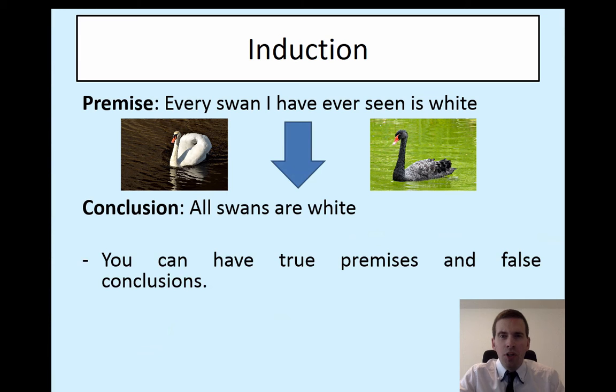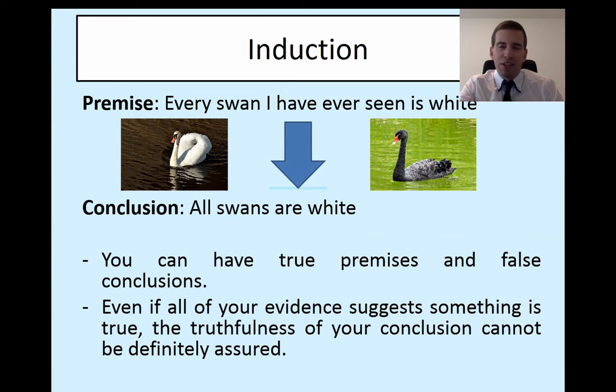Now, it might have been true, but the thing about inductive reasoning is that even if all the evidence you have suggests something, that doesn't necessarily make it true. There's always the black swan out there waiting to destroy your theory.